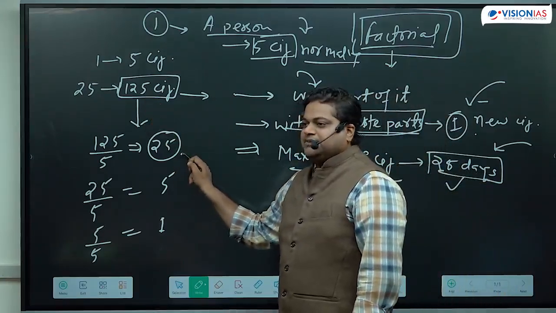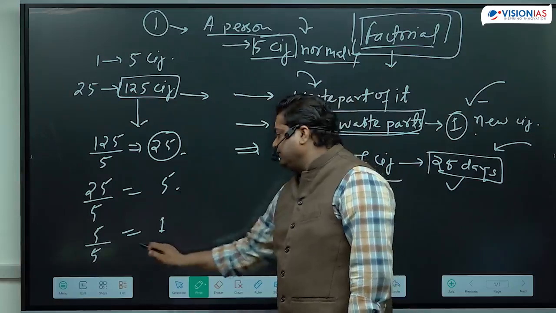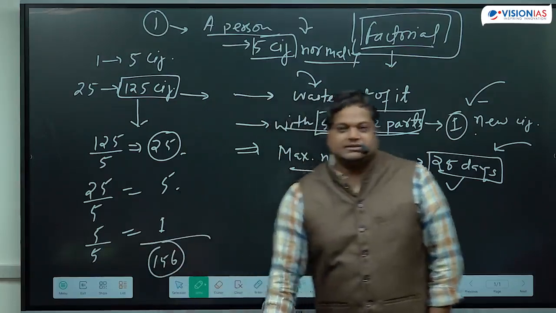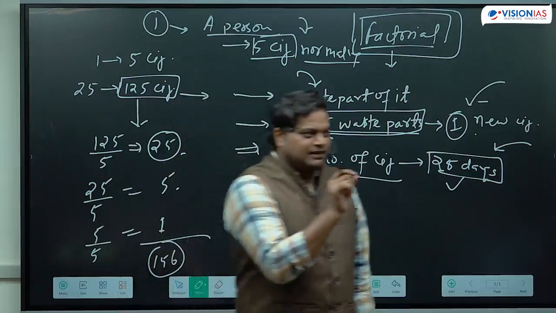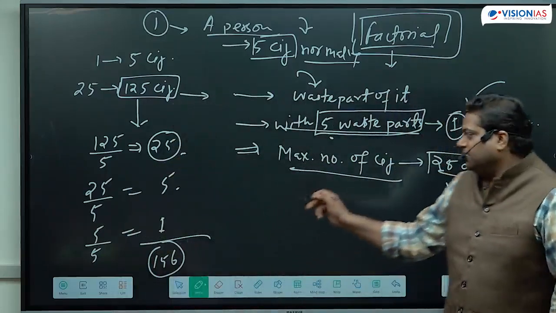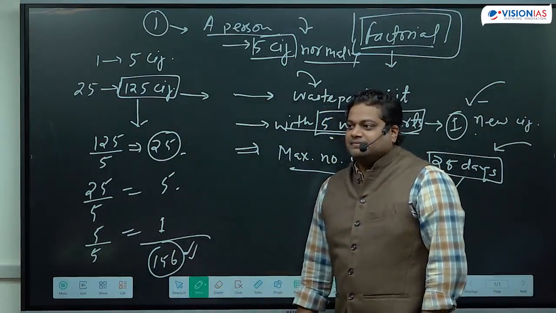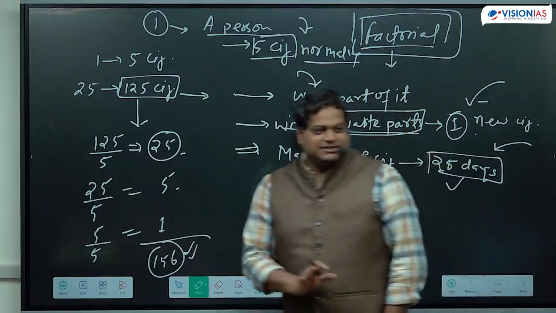Maximum 125 plus 25, 150, plus 5, 155, total 156. Total 156. This is the maximum number. Anyone is getting more than this 156 number? No? यही आ रहा है ना 156.